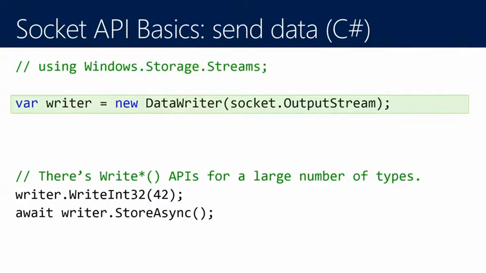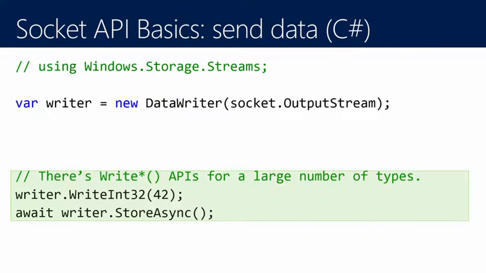If we want to send the data, we're using a data writer. So it's a nicely abstracted API, very, very easy to use. You new up the data writer, and once you've newed it up, you pass it the output stream of the socket. A socket has two streams, an input stream and an output stream, so it's obviously two-way. We pass it the output stream, and then we have all these helper methods.